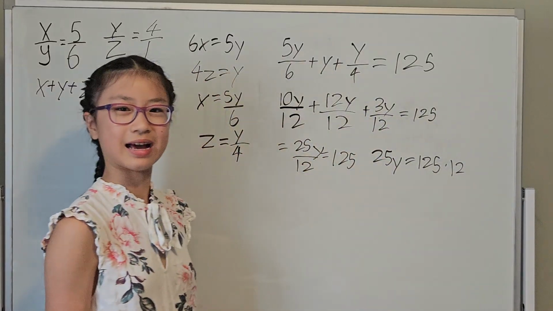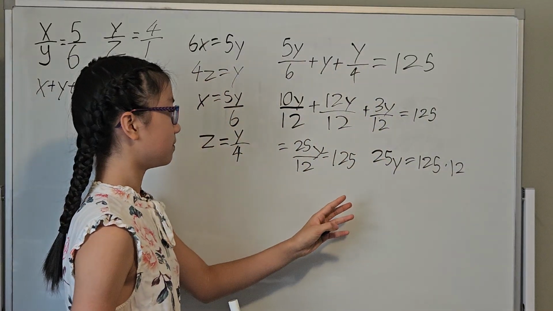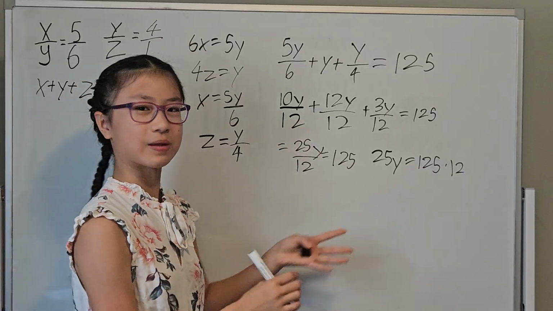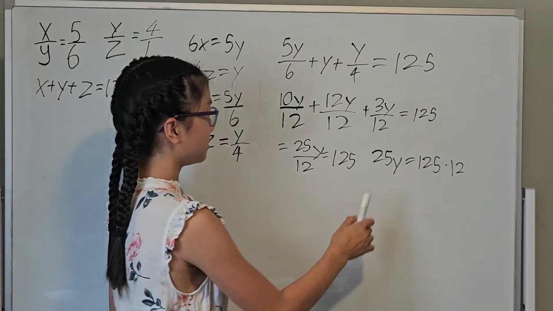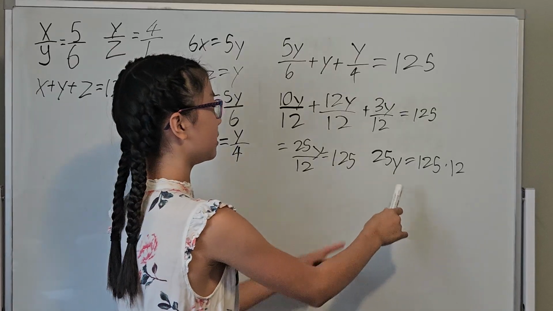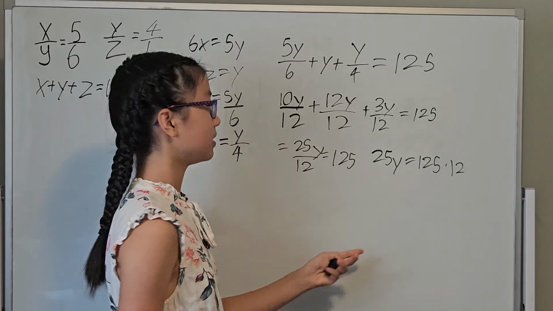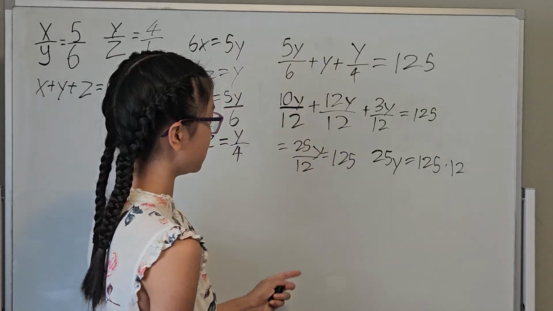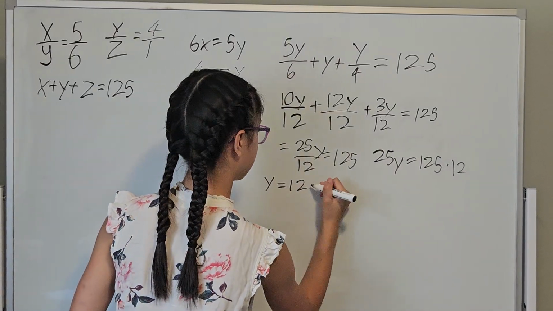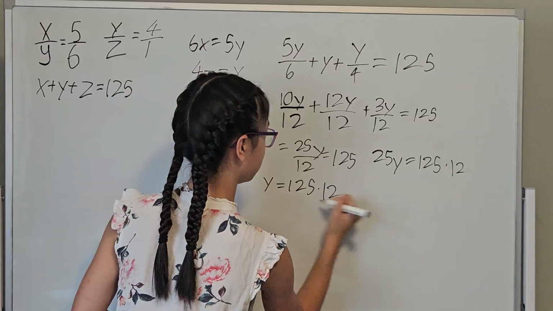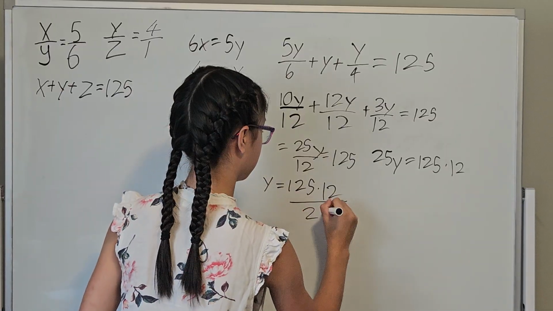Now we don't solve that yet because we could do something else to make solving that easier and quicker. So now we can get the variable on its own, which means we need to divide both sides by 25. So y equals 125 times 12 over 25.